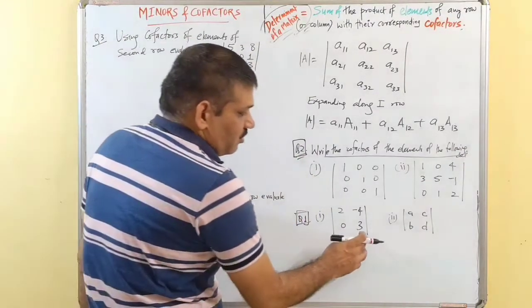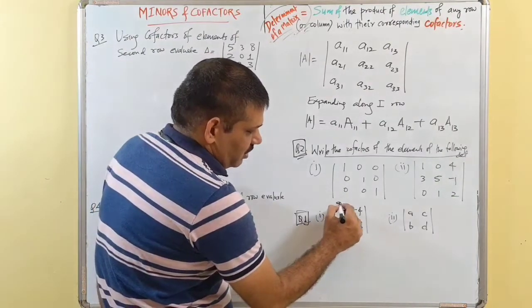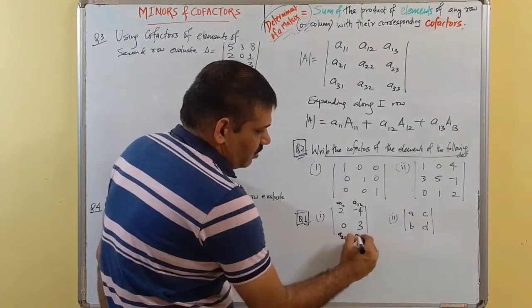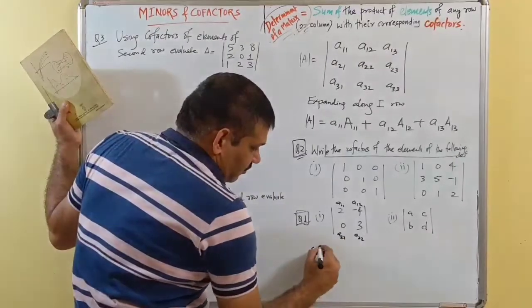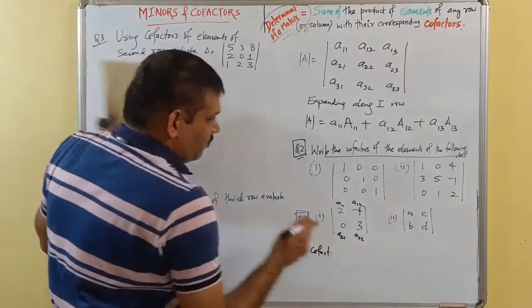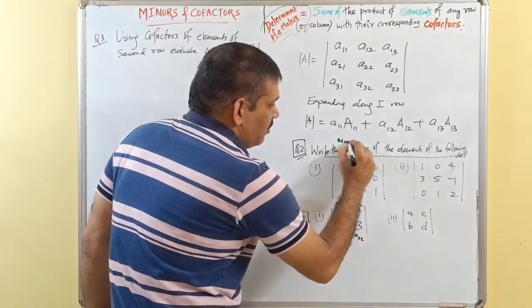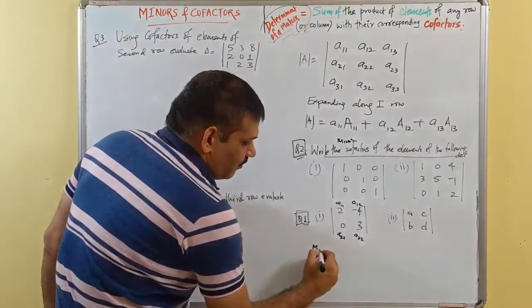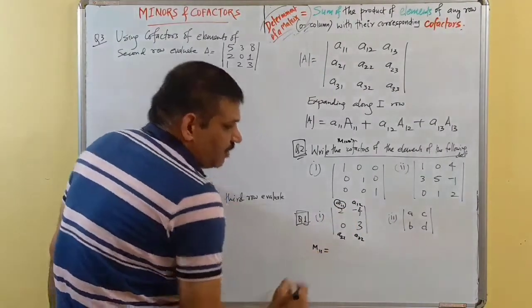We are to write the cofactors. So first of all, if this position is A11, A12, A21, A22, we write the minors and cofactors. First, the minor of A11. How will the minor be given?